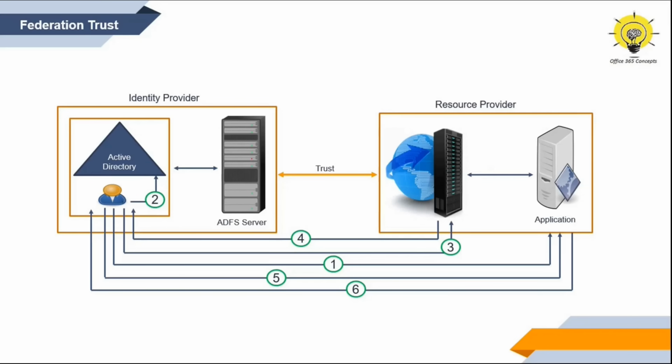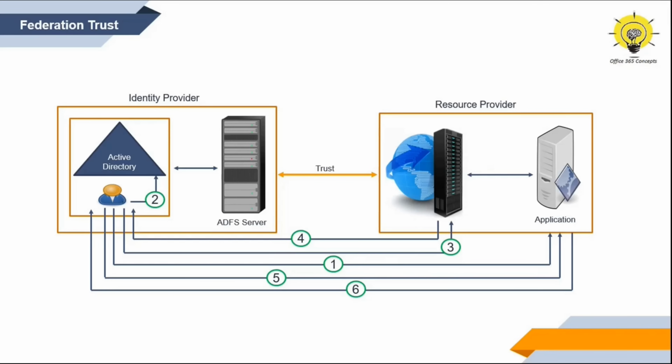The client machine will contact identity provider for authentication. Client machine will forward the token to the resource provider. Then client machine will receive token from the resource provider and will forward that token to the application. So we are reducing the load on the server. Entire load is taken by the client machine.